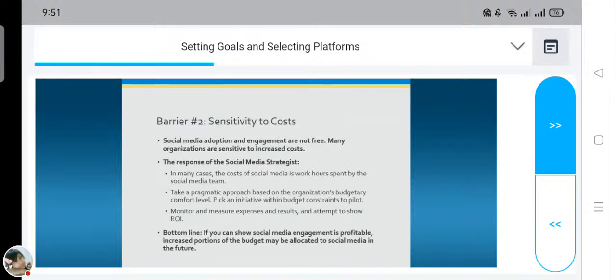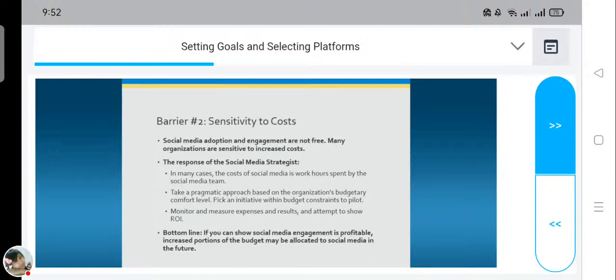Look at budget, look at what the costs are, and maybe pick some sort of small social media initiative that can work within the budgetary confines of the organization, just something to pilot to try to convince upper management that this actually is valuable.